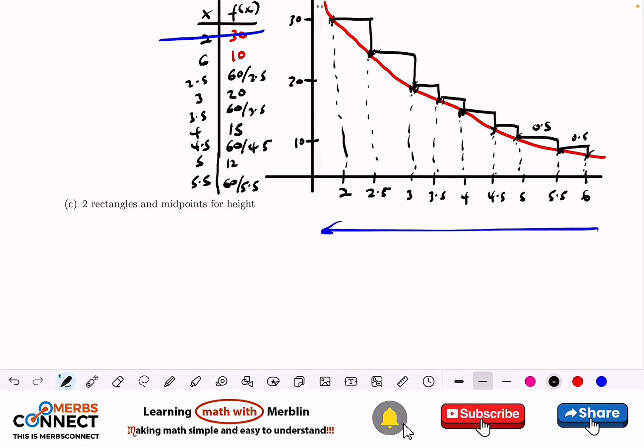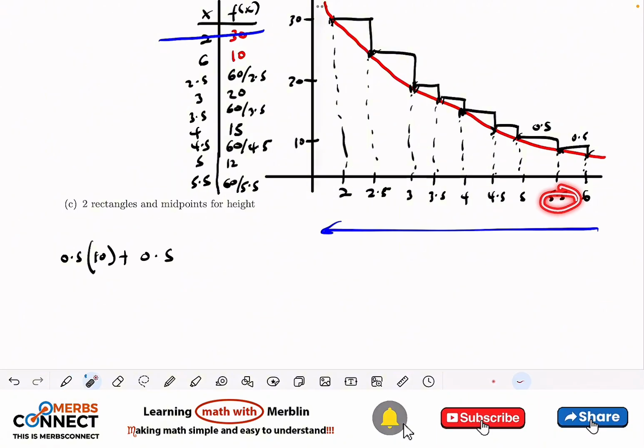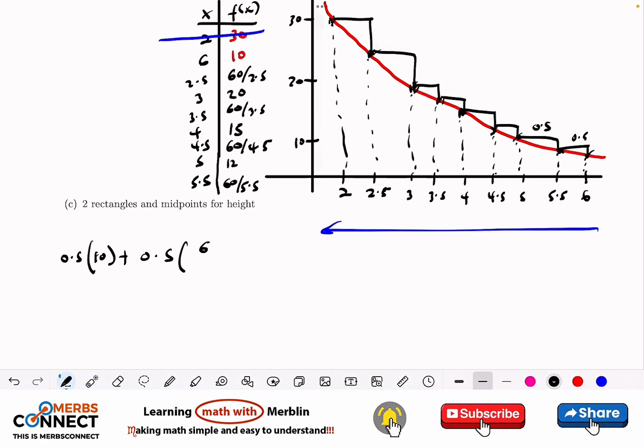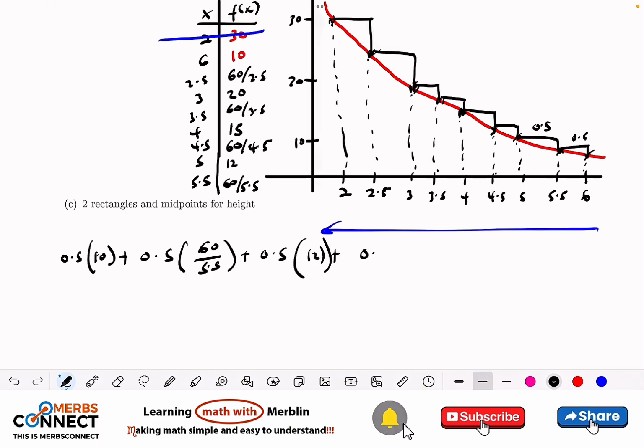So we are going to have 0.5 times the 6. The 6 is like 10 plus 0.5. The one for 5.5 is 60 divided by 5.5 plus 0.5. The one for 5 is 12 plus 0.5 plus 0.5.